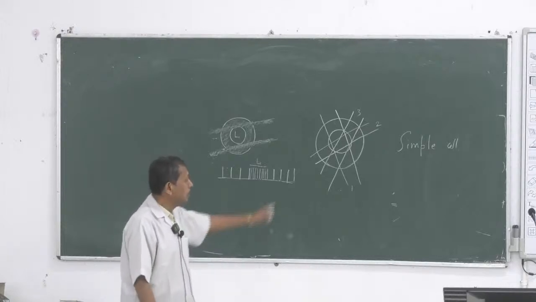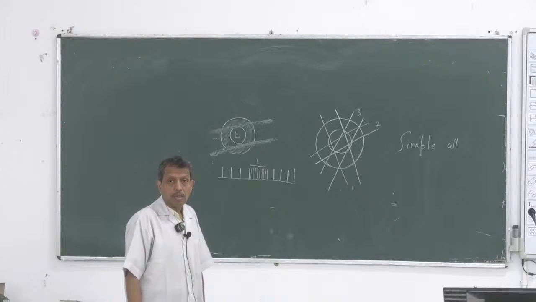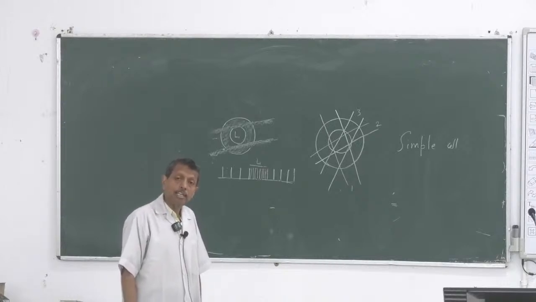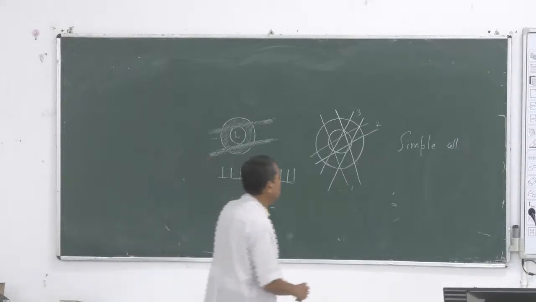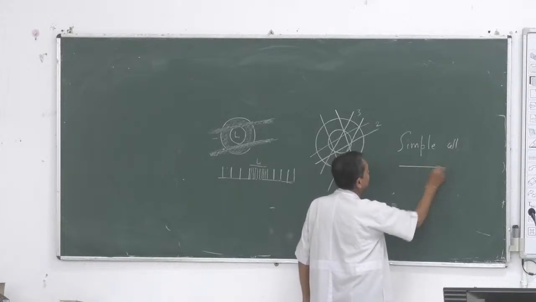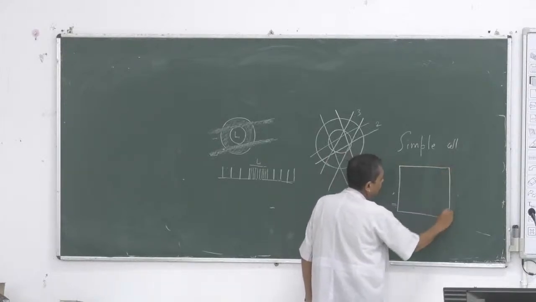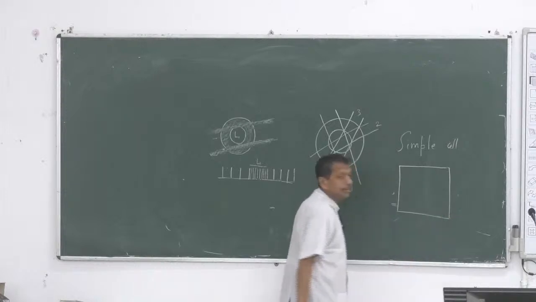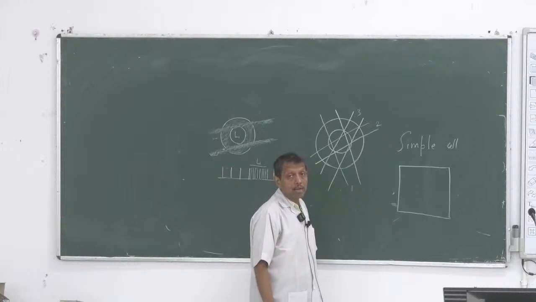Simple cells are present in other layers, and they have orientation preference. Suppose in this case you consider this field, this line. It has orientation specificity and also location specificity.